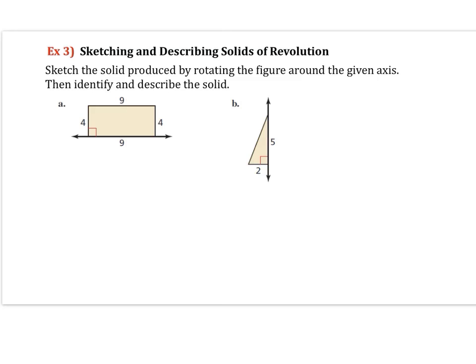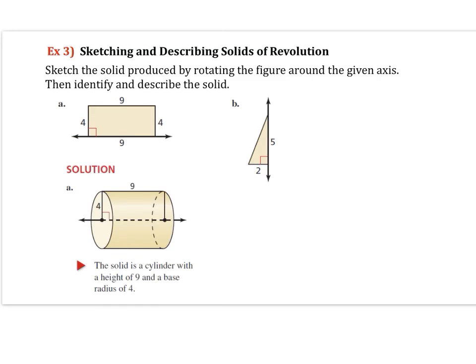All right, so let's sketch and describe solids of revolution. Sketch the solid produced by rotating the figure around the given axis, then identify and describe the solid. For example A, we have a rectangle with 9 by 4 dimensions. Describe and sketch the solid that would be created from rotating this rectangle about this axis of revolution.